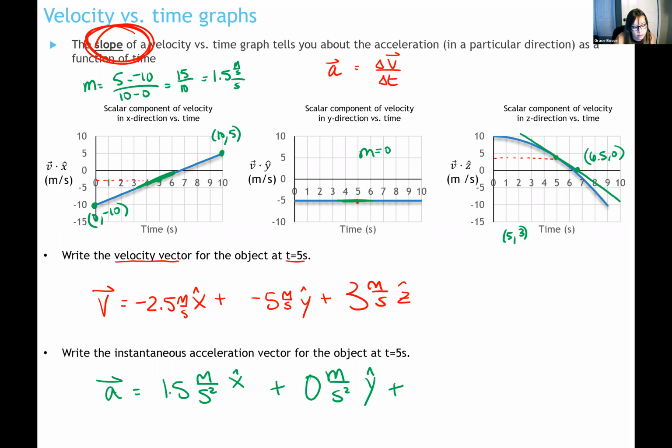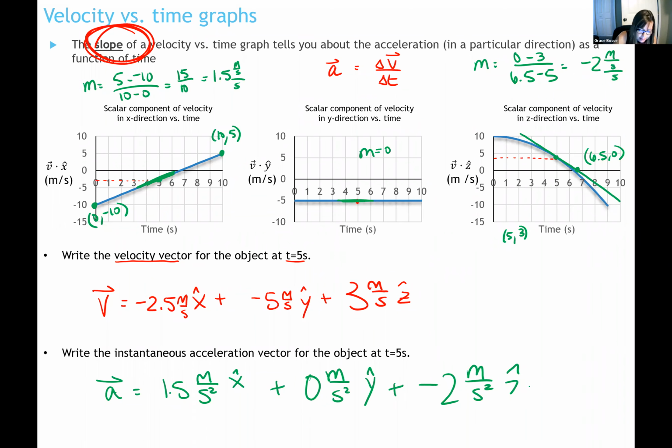So to calculate the slope of that, I have 0 minus 3 divided by 6.5 minus 5. And I get negative 2 meters per second. So I'll bring that down here in my z component.